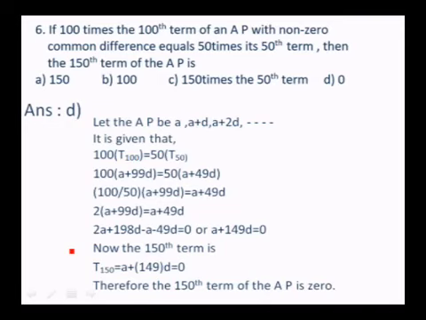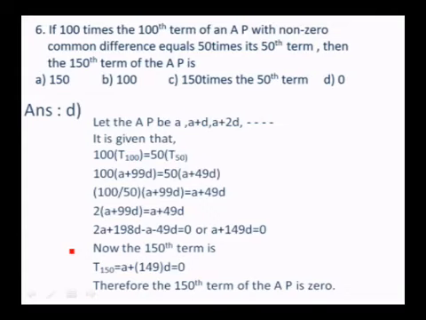So A plus 149D is equal to 0. Now, for the 150th term, once again if you use the formula Tn is equal to A plus (n minus 1) into D, T150 is A plus 149D, which is equal to 0, but you have already proved that A plus 149D is equal to 0. Therefore, the 150th term of the AP must be 0. So, the option is D.